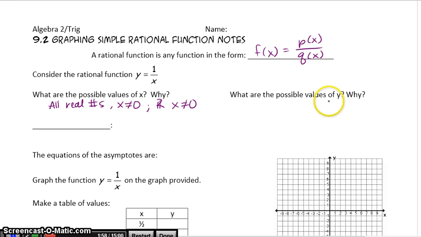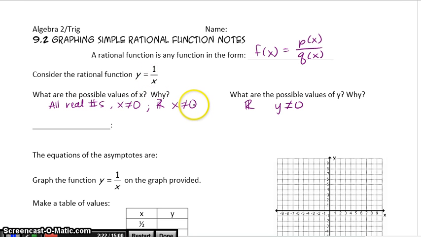And then what are the possible values of y? So what possible values are we going to get for our y? And this is the same thing. It's going to be all real numbers. That's the way to write that. But our y is not going to be equal to 0. No matter what we plug in for our x, we are never going to get 0 for y.